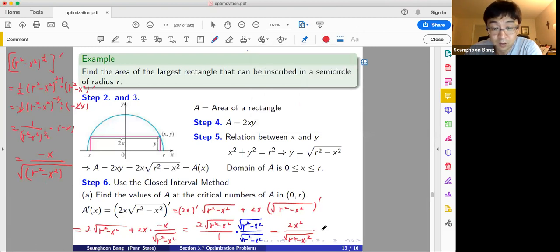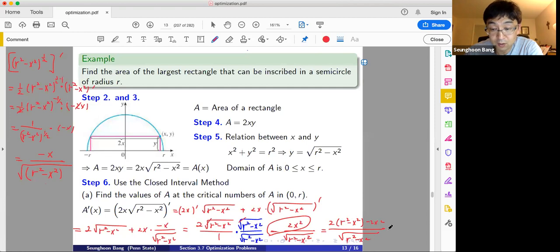So this is the same 2, so you can keep 2. Here, the square root of r squared minus x squared times the square root of r squared minus x squared, the square root is gone, only 2 times r squared minus x squared. So the next one is negative 2x squared over the square root of r squared minus x squared.